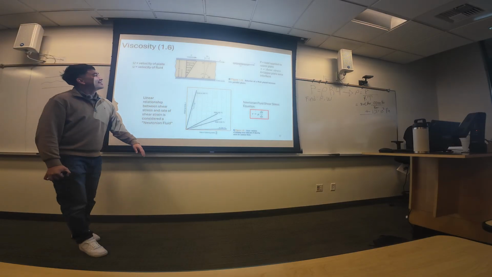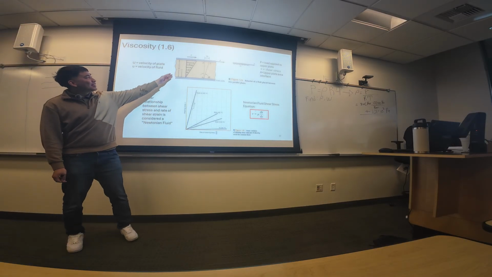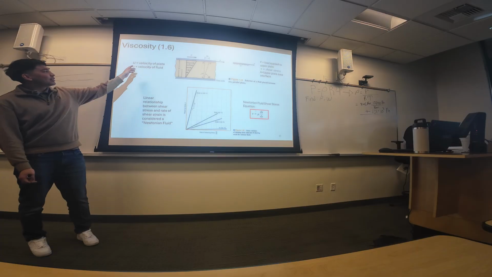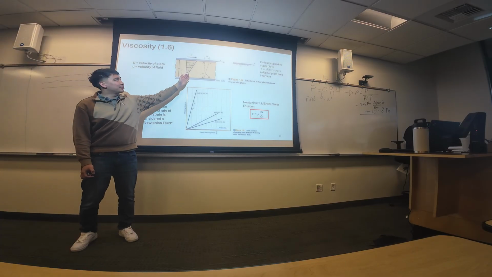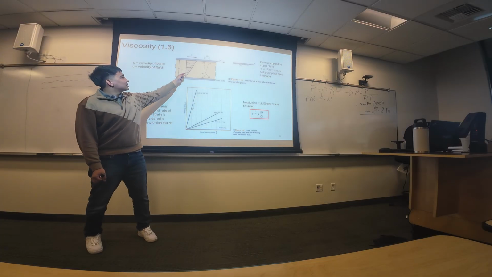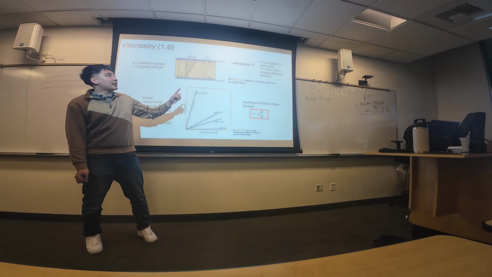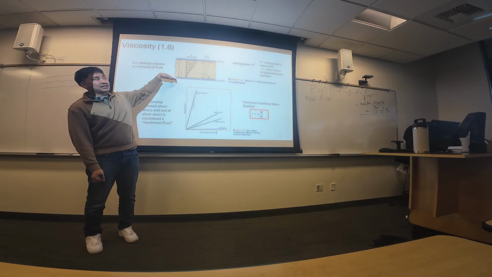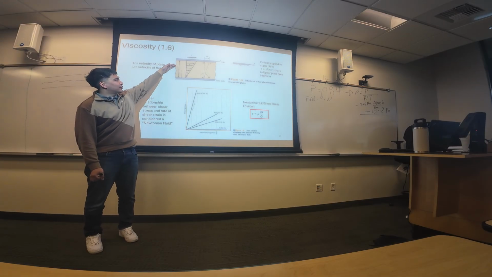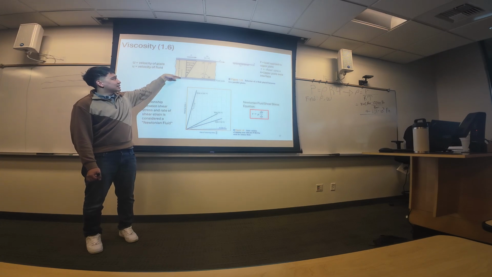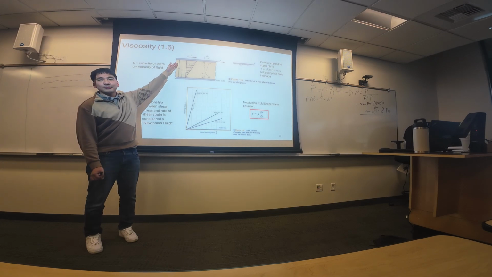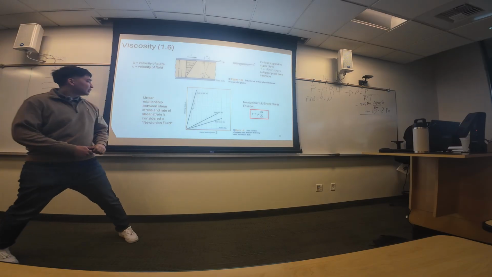Once you apply that load, little u is the velocity of the fluid, and big U is the velocity of the plate. As you pull it, you can see the velocity of the fluid increasing as you get to the plate at the top. B is the distance of your fluid, and Y is the distance as you go up.